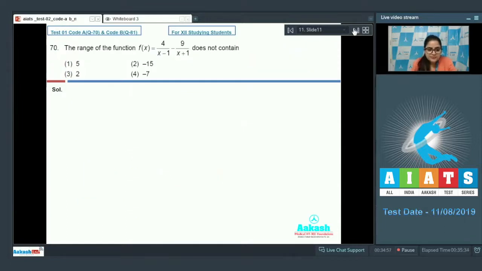Question number 70. The range of the function f of x is equal to 4 upon x minus 1 minus 9 upon x plus 1 does not contain. So just take the LCM. x square minus 1. So 4x plus 4 minus 9x plus 9.